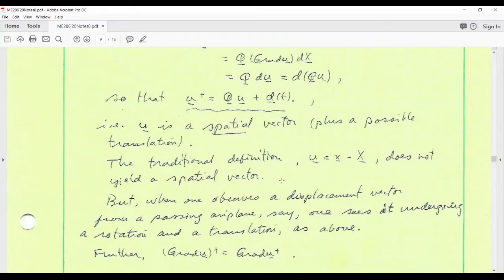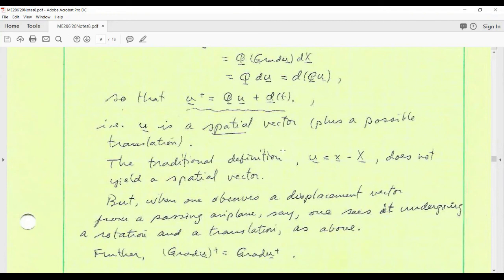If you're flying past in an airplane, let's say, all the while observing that displacement vector, from your point of view, that displacement vector appears not only to shift location in space, according to d of t, but also to rotate, change its orientation in space, okay?